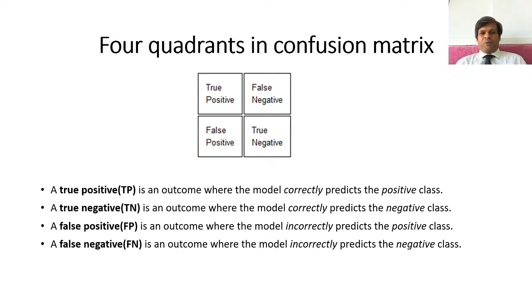Then that is a false positive. A false negative is an outcome where the model incorrectly predicts the negative class. Suppose for a particular passenger our model predicts he has not survived, but as a matter of fact that passenger has survived. That is a false negative classification done by our model. So these are basically the four quadrants within the confusion matrix.